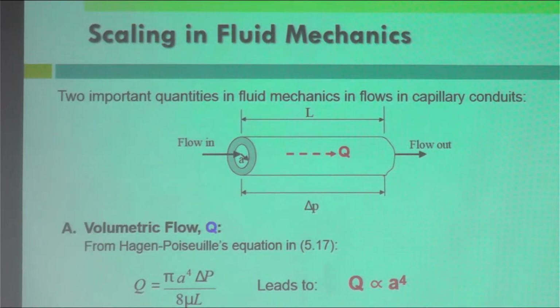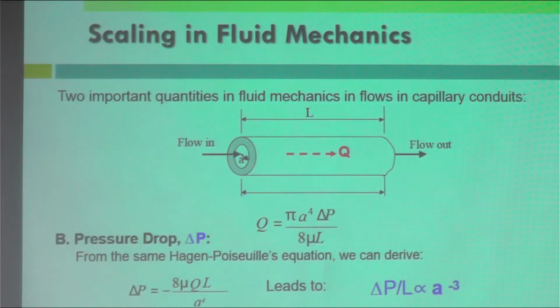So this is a very significant reduction. It's not that reducing the radius by 10 times gives you 10 times less volume flow, but it's 10,000 times.